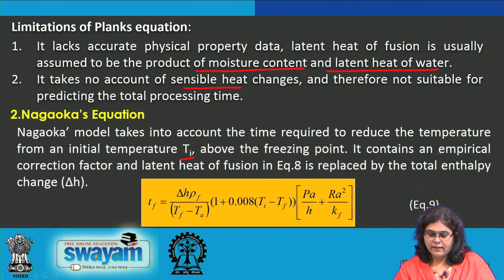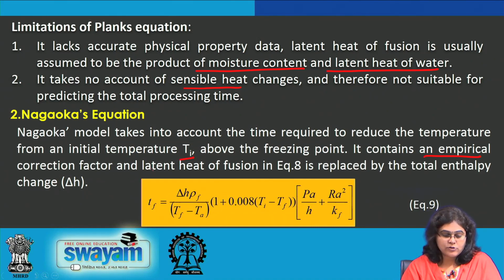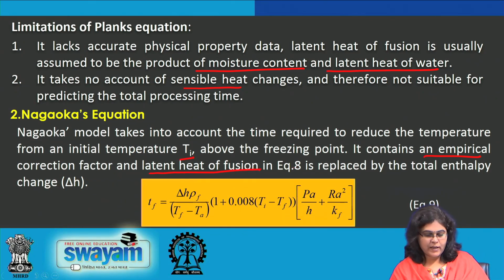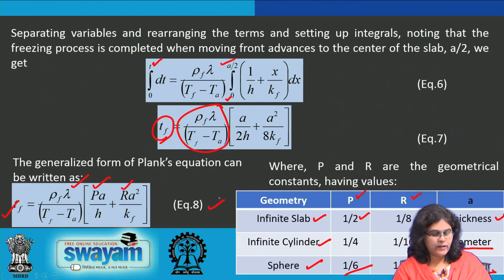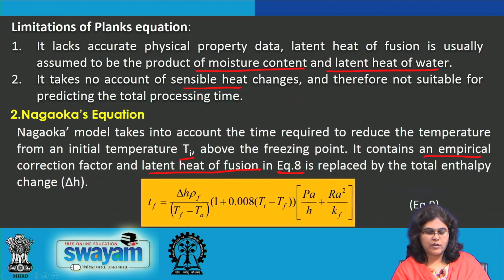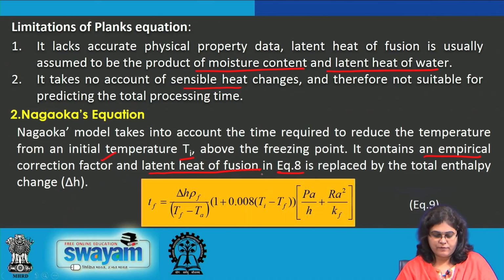It contains an empirical correction factor. Nagaoka's model considers an empirical correction factor and also modifies the latent heat of fusion in equation 8. Equation 8 is already Planck's equation. In the same equation, Nagaoka has incorporated a correction factor and replaced the latent heat of fusion.